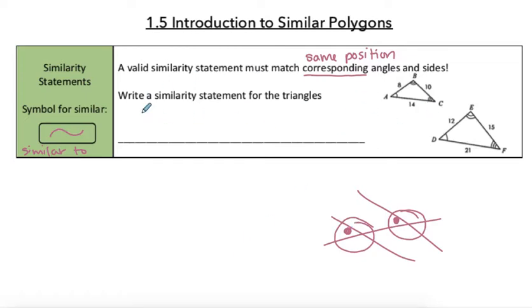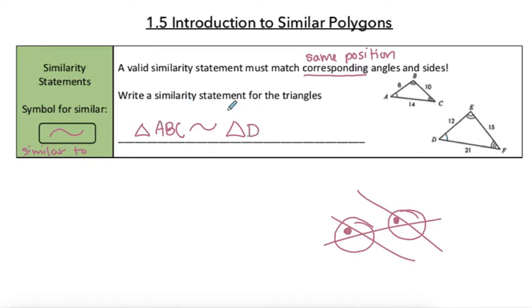Same thing here. If I write triangle ABC, I can name this one however I want. Is similar to, so I'm going to use my new symbol there, triangle. I need to match up who's in the same position as A, B, and C, matching up those corresponding angles and sides. Angle A has one tick mark, similar to angle D. So I'm going to match it up.